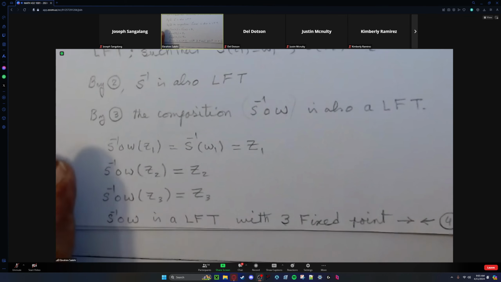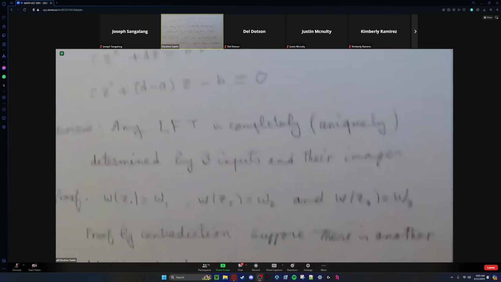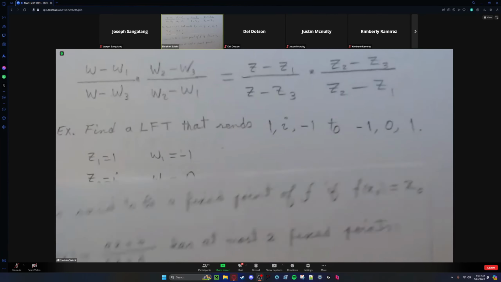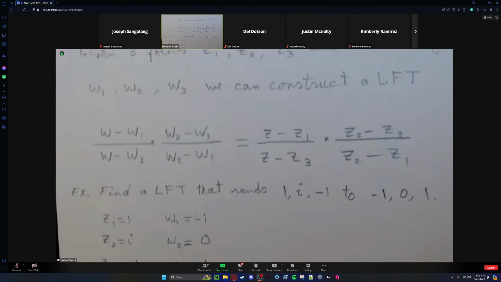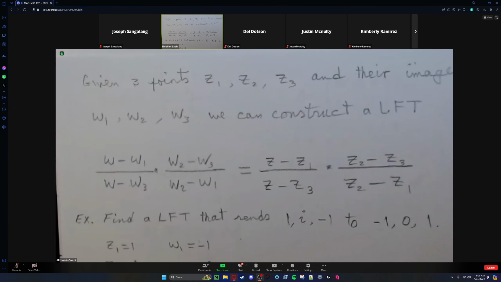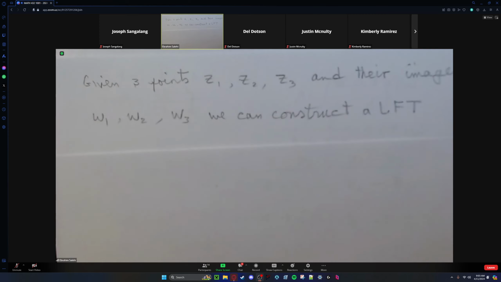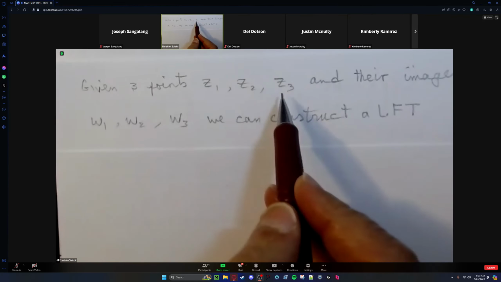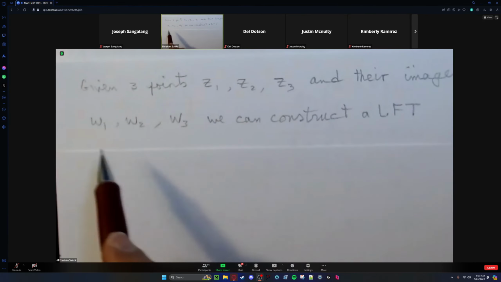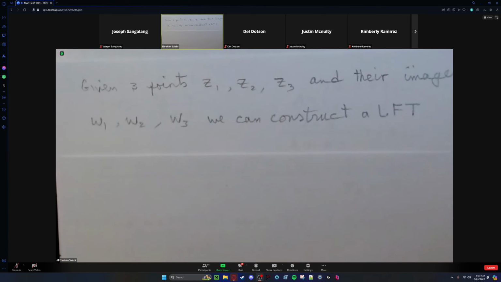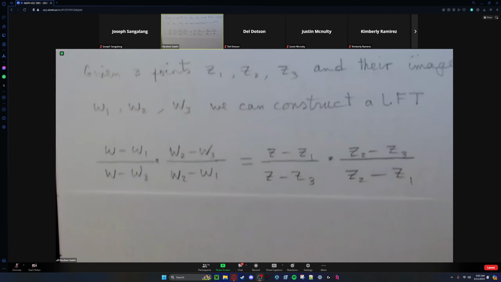Okay, this is very good, and here we now have an algorithm to find a linear fractional transformation. So remember, if you have 3 points and their images, we can construct the linear fractional transformation in this fashion.